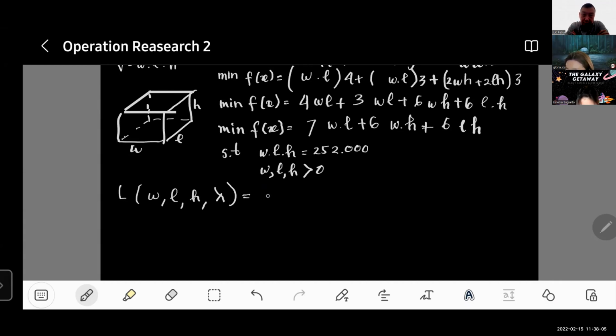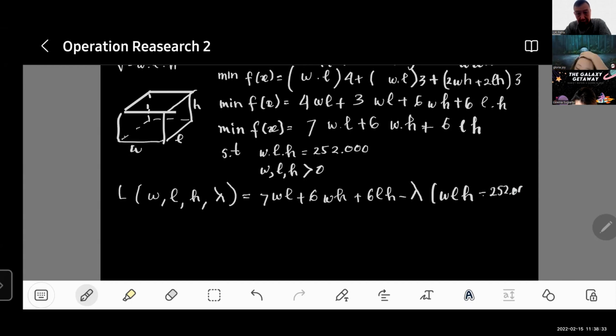So this should be the objective function: 7WL plus 6WH plus 6LH, minus lambda multiplied by the constraint, WLH minus 252,000. Very excellent.